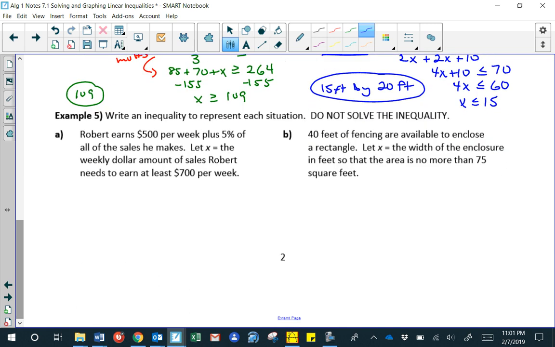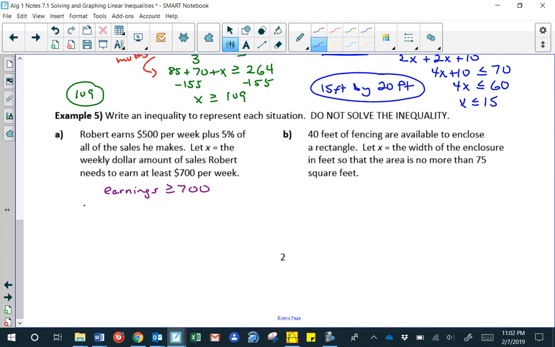All right, in example 5, we're just writing an inequality to represent each situation. Robert earns $500 per week, plus 5% of all sales he makes. What we're letting x equal is the weekly dollar amount of sales Robert needs to earn at least $700 per week. So we would like Robert's earnings to be at least, that is to say, greater than or equal to $700 per week.